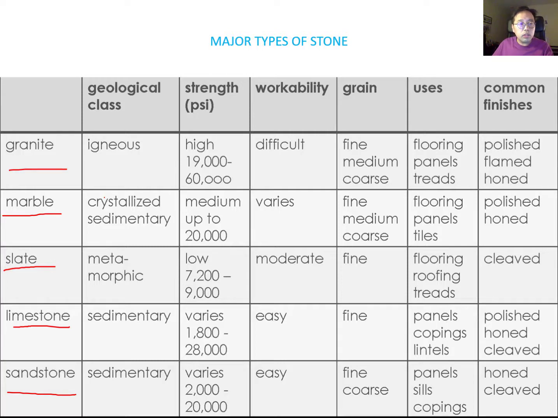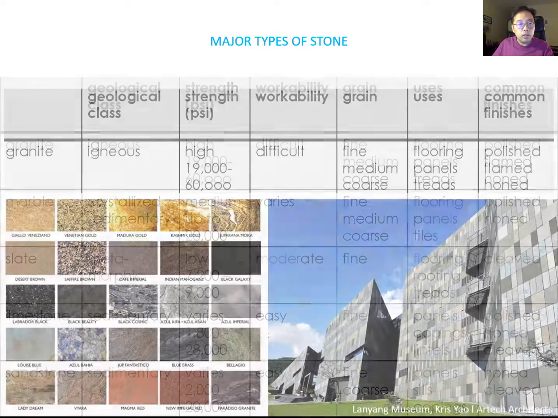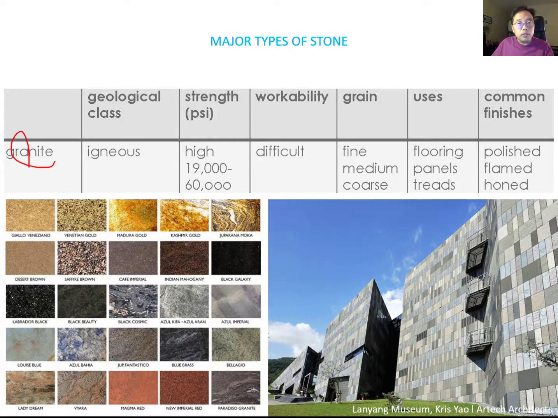So let's look at granite. Granite has various colors and textures available. You can see lots of different colors and textures available for cladding. Granite is mostly used for exterior cladding. It is a very good exterior material because of its durability.